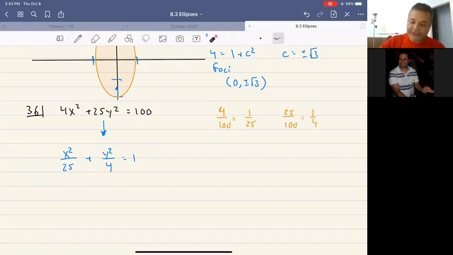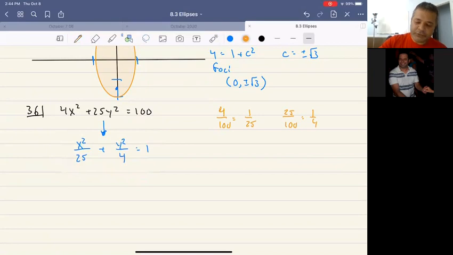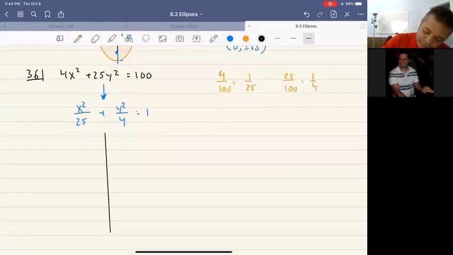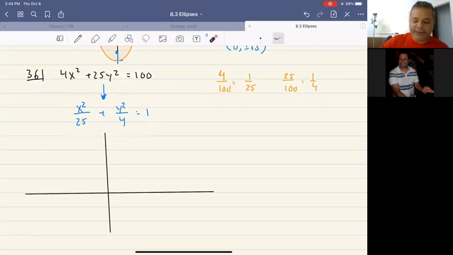Now we can start drawing. How does it spread left, right? It spreads left, right, 5. So go 5 to the left, 5 to the right. How does it spread up, down? 4 is 2 squared, so 2 up, 2 down.